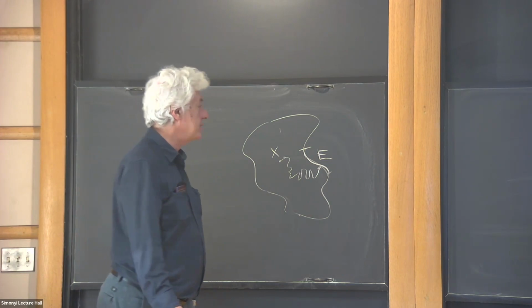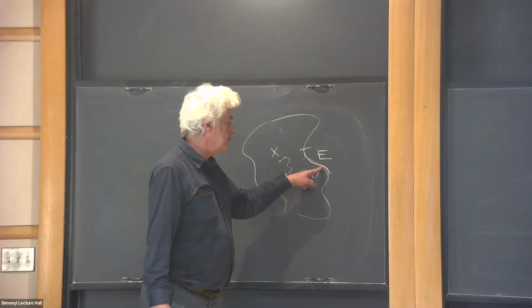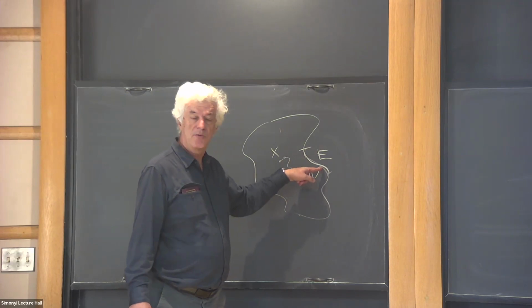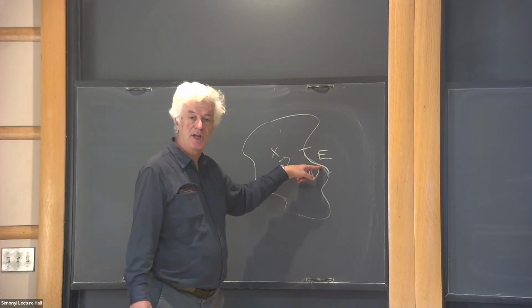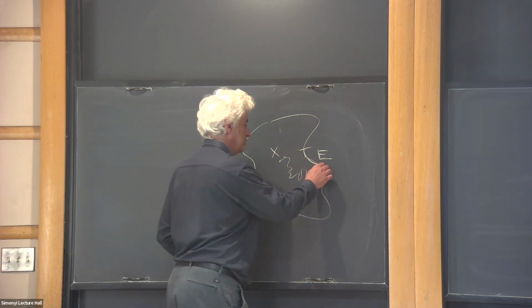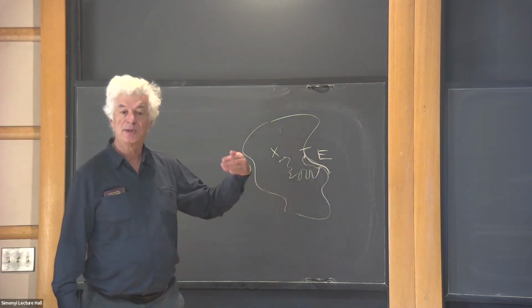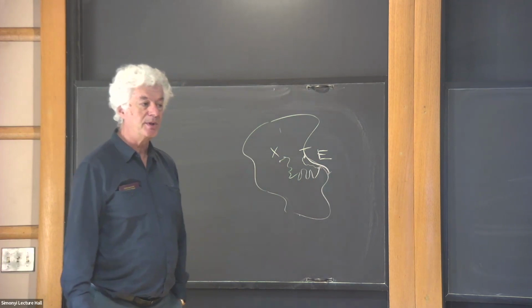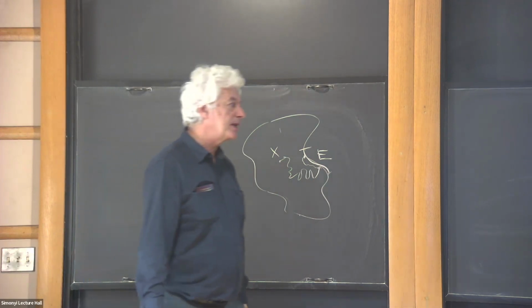And for Robin harmonic measure, you have to imagine that in fact, instead of being absorbed the first time, when you hit, there is some probability that you will bounce, or you will just start again from this point, and then go maybe back to the boundary, and eventually you'll get absorbed, and this will be the probability of being absorbed in E the last time, the only time you were absorbed.